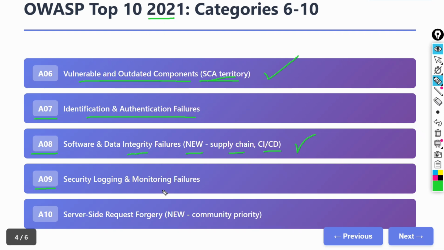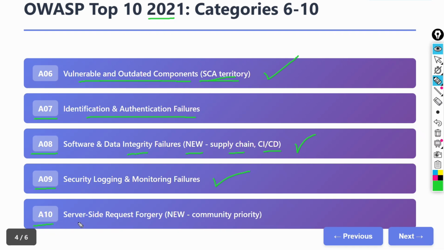For a non-technical example, for simple understanding, it's like having a CCTV camera which is non-functional or turned off. You don't know what happened until someone notices it later. It's too late by that time. Without a good logging and monitoring system, incident response becomes almost impossible and mostly delayed. So that's where this category comes into the picture.